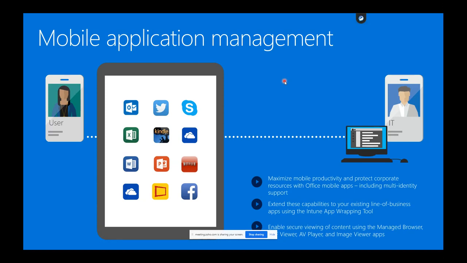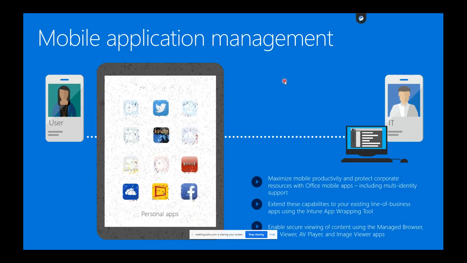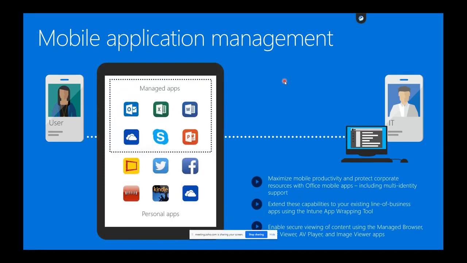The first thing that will be done is my cloud portal, which is putting the device under compliance, will try to identify which of the applications are corporate applications. Those corporate applications will be differentiated from the personal applications. Whatever information you access will only be in managed apps.